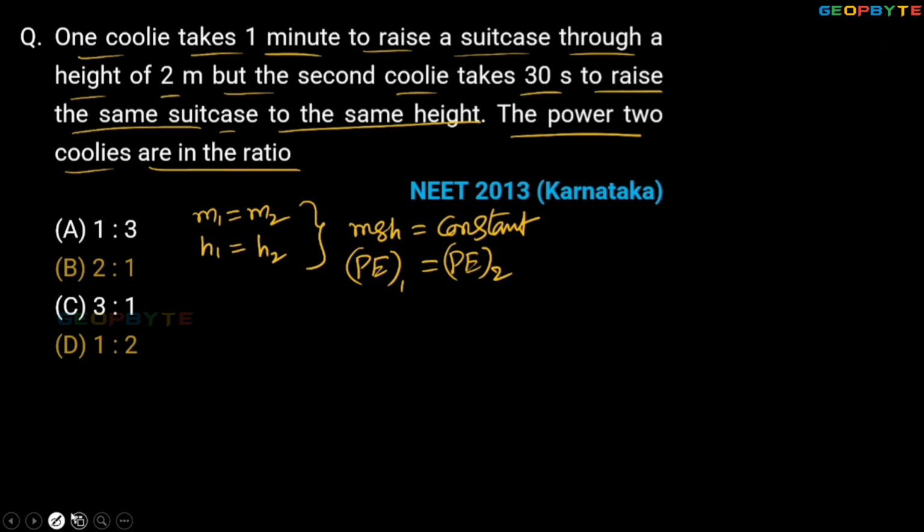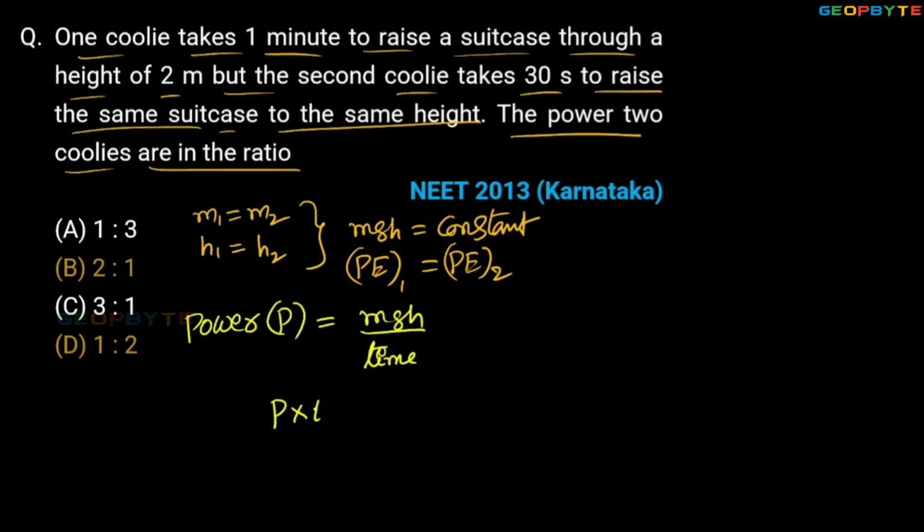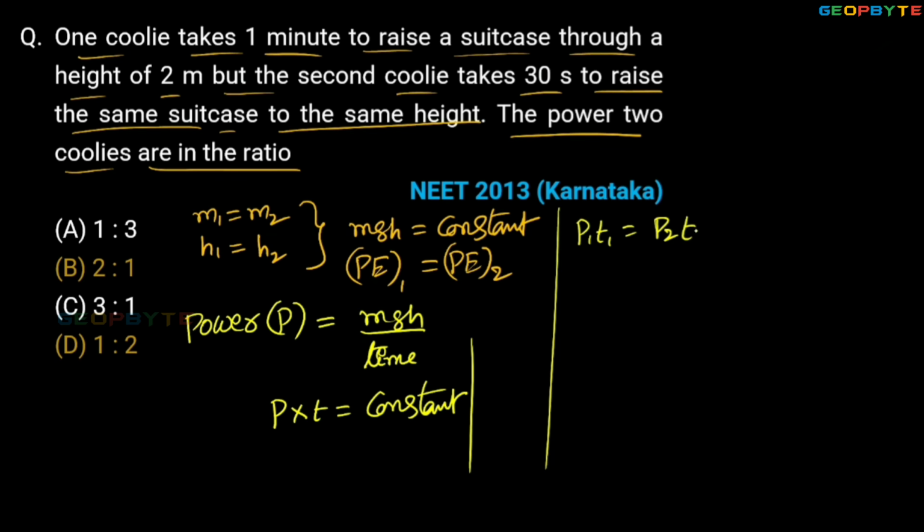That's what he's asking. As you know, for this particular case, power P equal to mgh by time. Since mgh remains the same, power multiplied by time remains constant, which means P1 T1 equal to P2 T2.